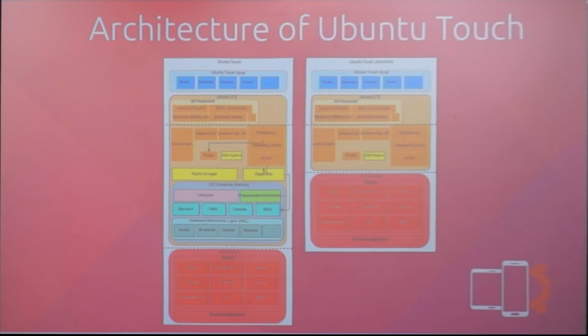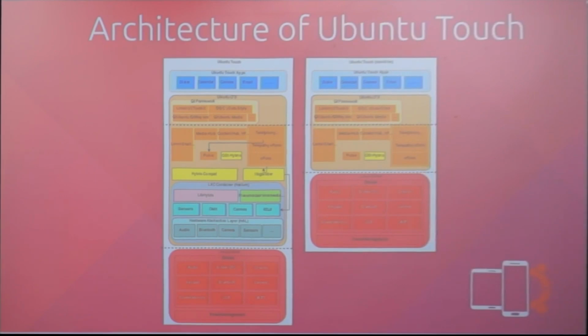And this is one of our unique features. And then below that, we have the Android-based kernel. But if Ubuntu Touch is running on top of mainline-based phones, then this Android container won't be needed, and the middleware can talk to the kernel directly.